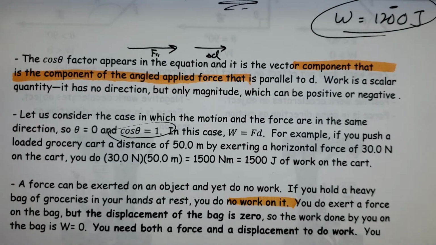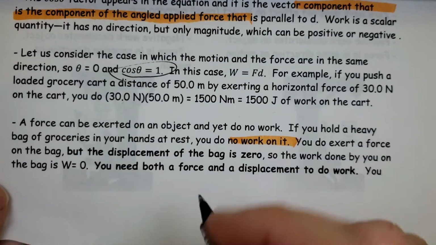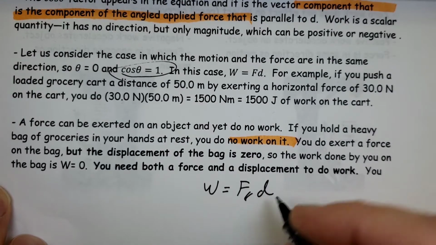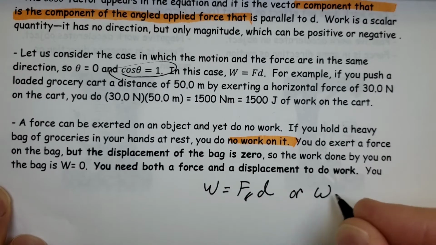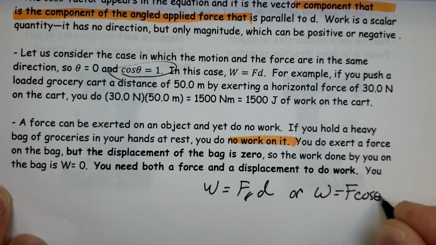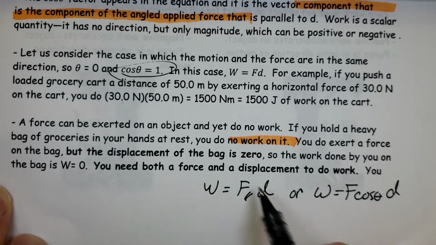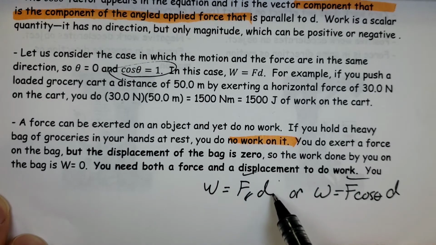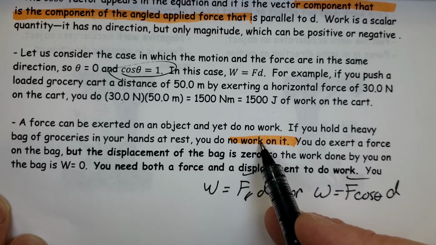Because the key thing here, in order to do work, W equals whatever the force is, cos theta times D. So if we have a force, but we're not moving, there's no work being done on it.